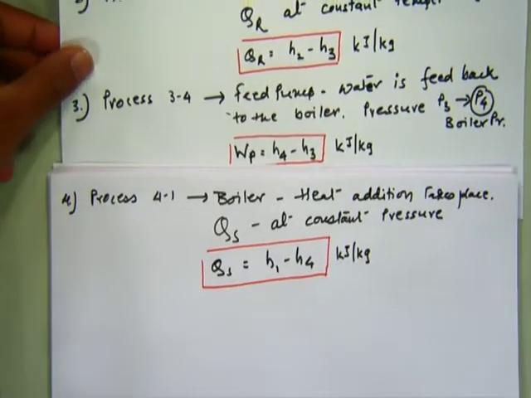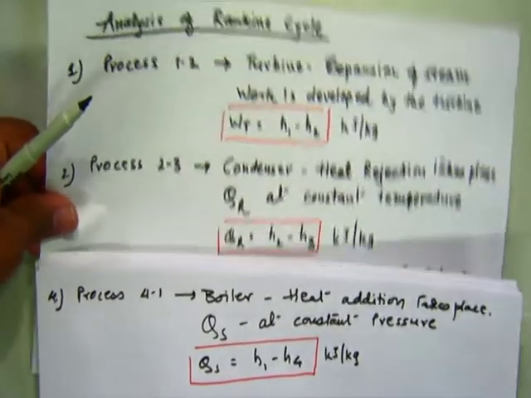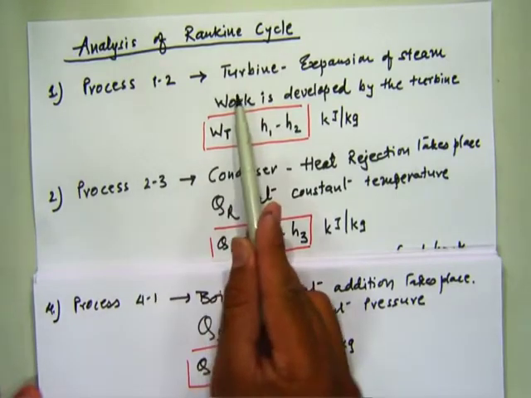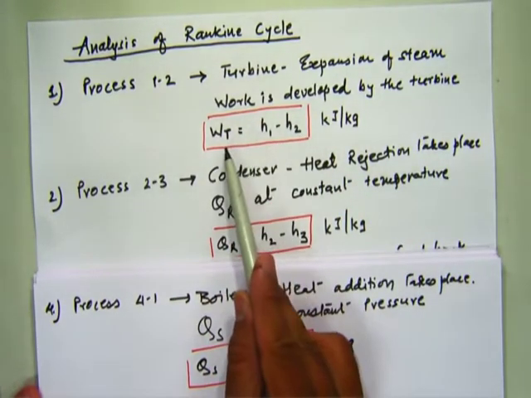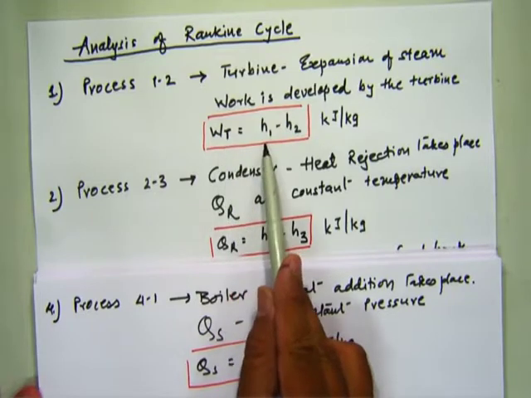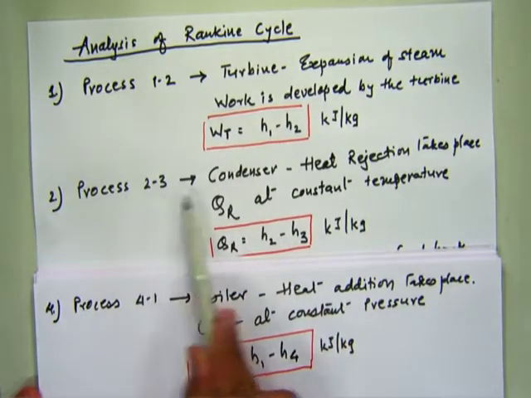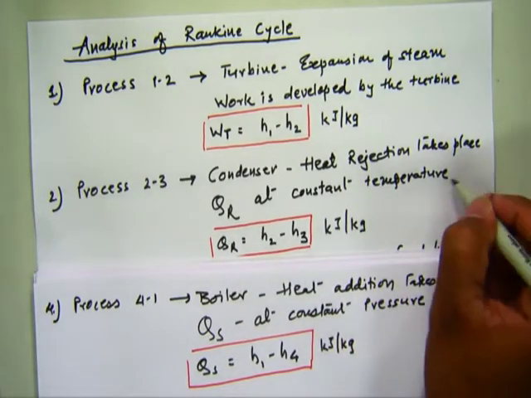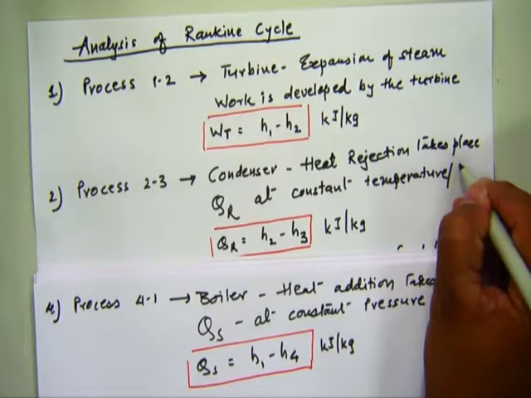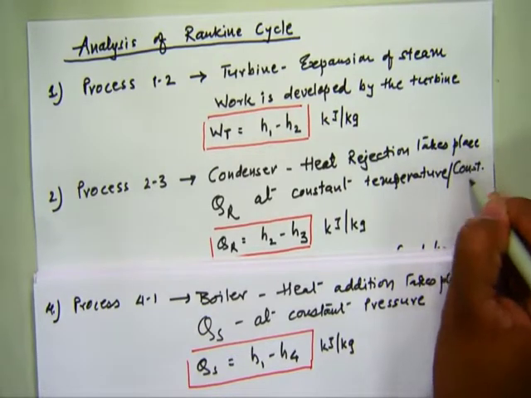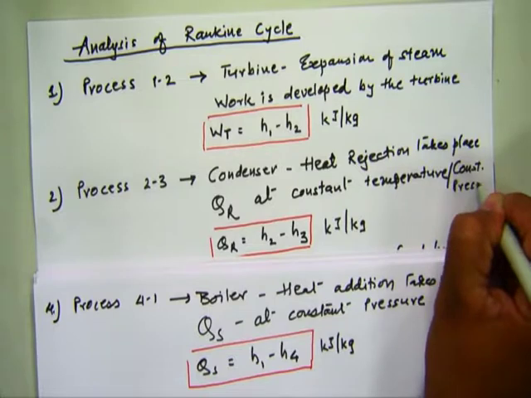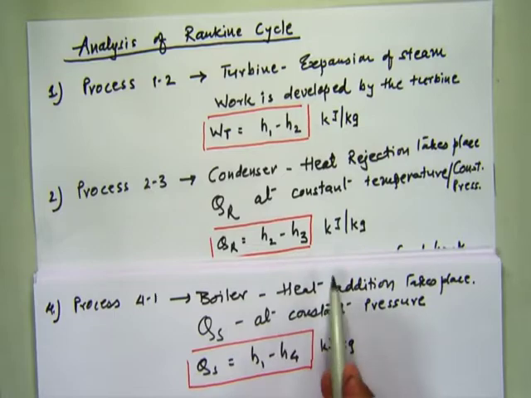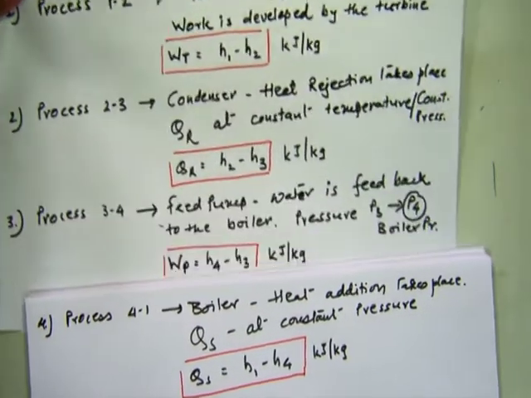So once again, process 1-2 in turbine, expansion of steam, work developed by the turbine H1 minus H2. Process 2-3 condenser heat rejection, QR at constant temperature as well as constant pressure. That is QR is equal to H2 minus H3 kilojoule per kg.